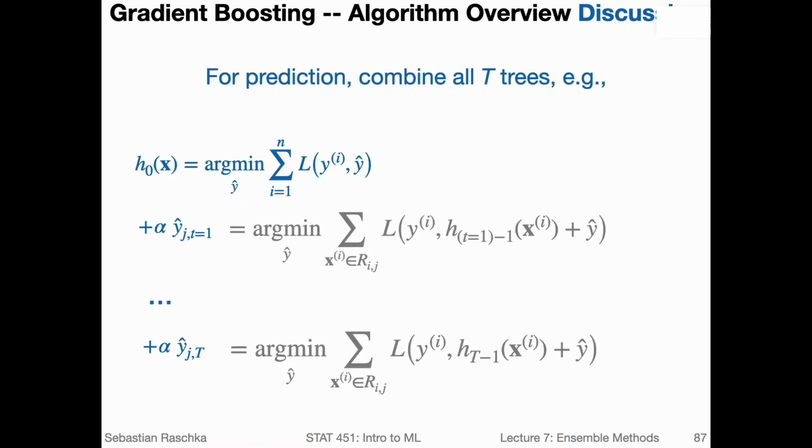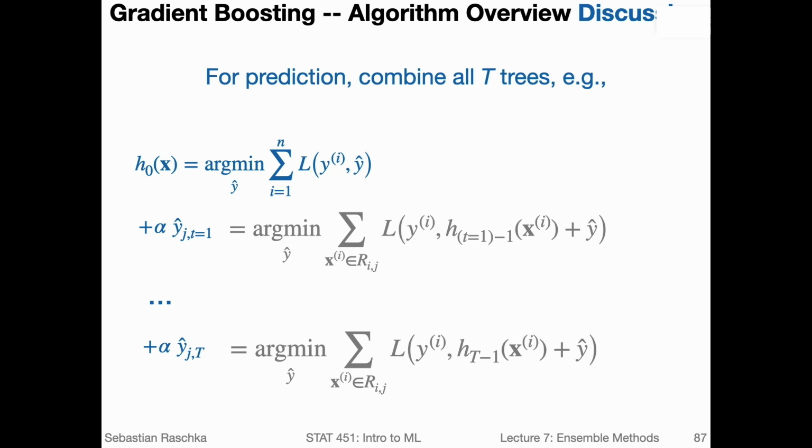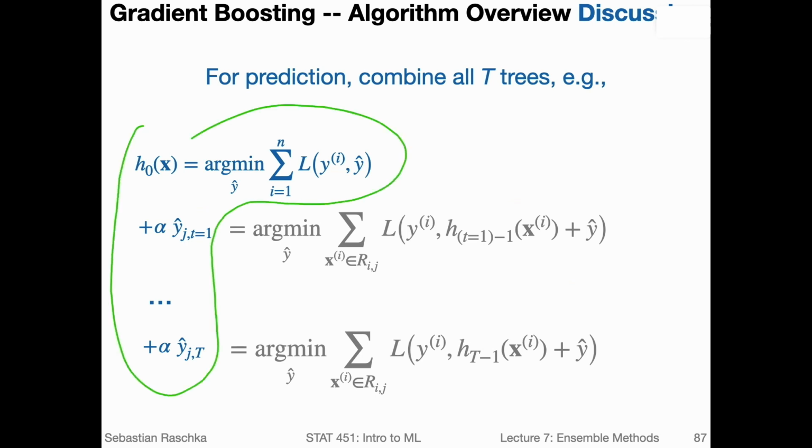Then after we are done, we are combining all the predictions. These terms are usually found by minimizing this loss function here, right? That's what we talked about. So in practice, when we have t trees, we would combine all of these. In each round we have a different type of prediction because it's depending on the residuals of the previous tree, and every one has a learning rate.